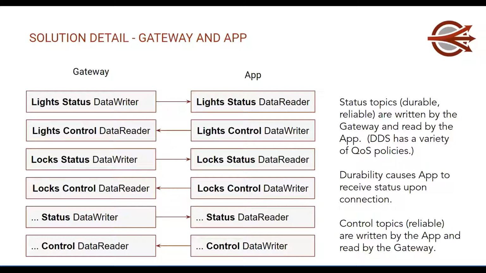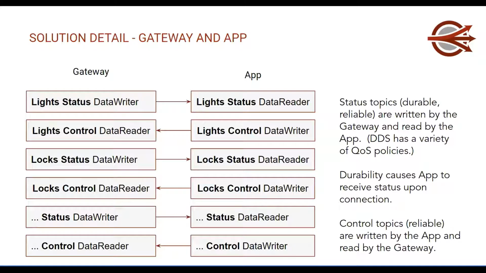So we'd mentioned the idea of quality of service, and DDS has a variety of QoS policies to tune the relationship and the communication between a data writer and a data reader. In this particular case, our status topics are going to be durable and reliable.